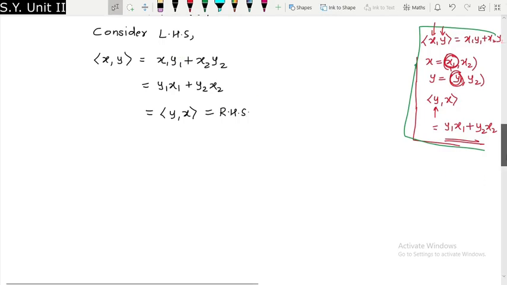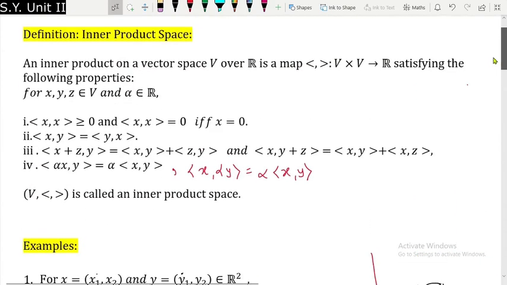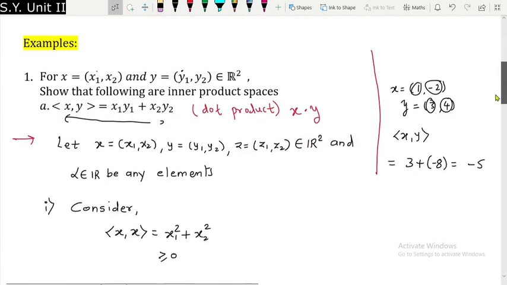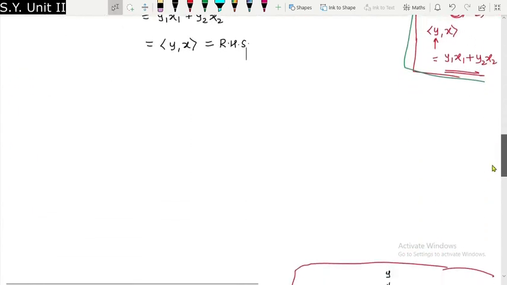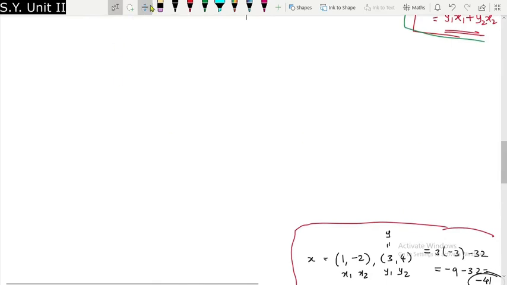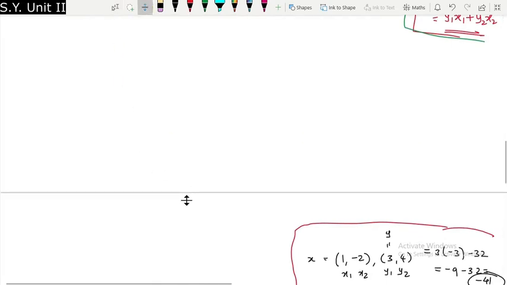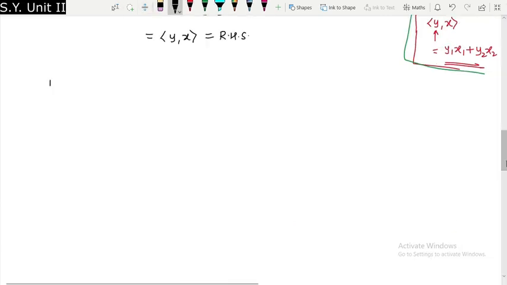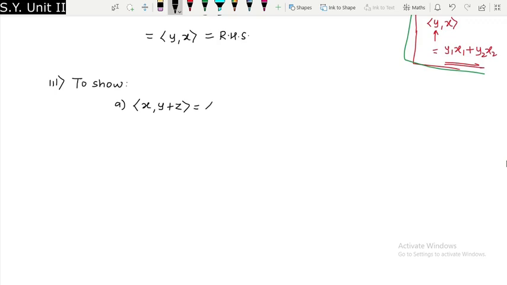Now we will go for our third property. In the third property we are supposed to do two things, that is inner product of x plus z with y and inner product of x with y plus z. Whatever notation you use doesn't matter, you just have to prove the properties. So third, to show, we have to show two things. A, inner product of x with y plus z is equal to inner product of x with y plus inner product of x with z.